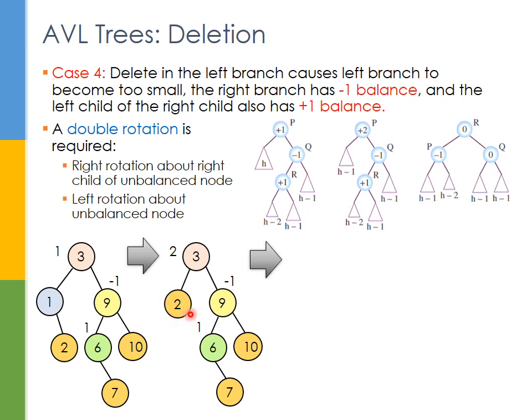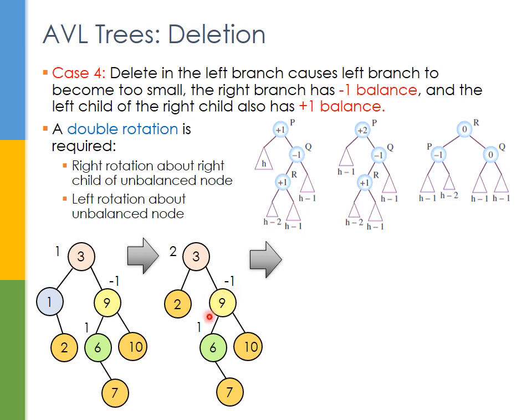So the node that we copied the value 2 into has a balance factor of 0. And because we deleted in the left branch of node 3 over here, its balance factor is updated to 2 by adding 1 to the original balance factor, and now we have an unbalanced node.